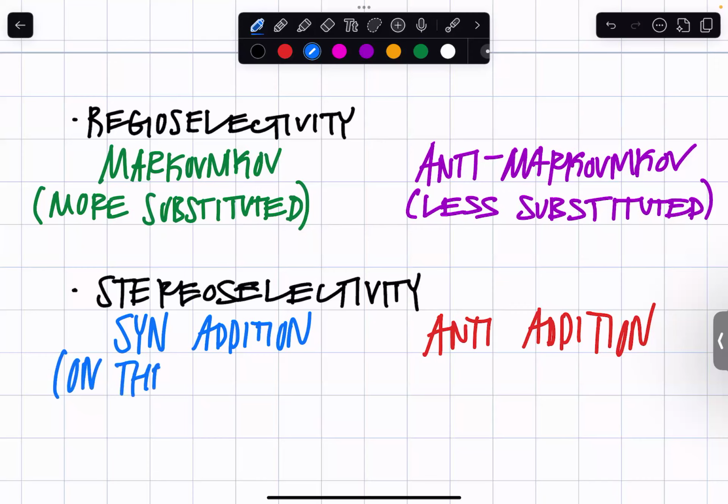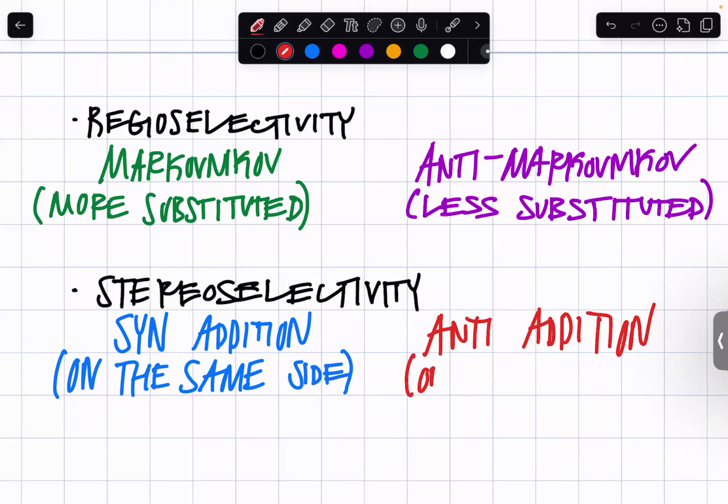Anti-addition means that the two things are going to add on the opposite side.